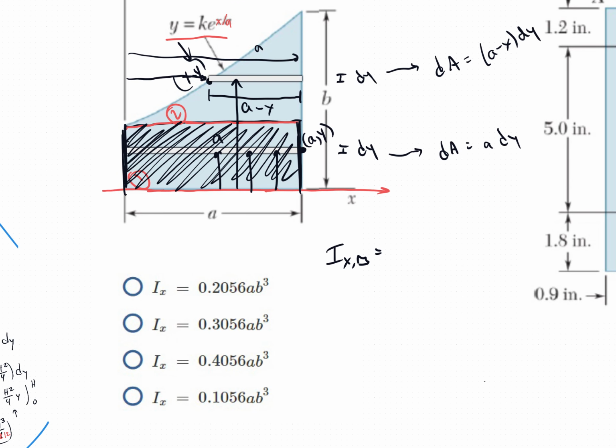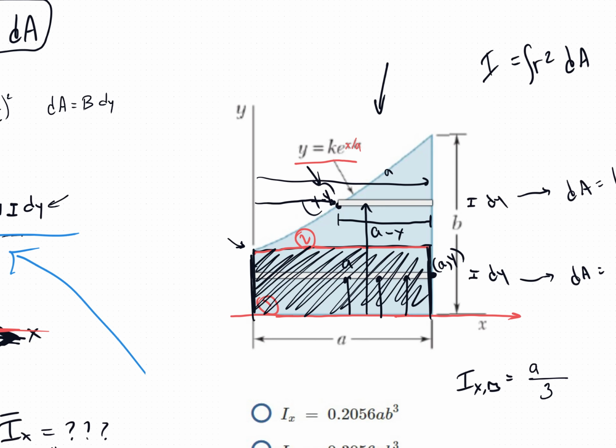The base of that thing is a. The height of that thing goes up to this point right here, and we need to know what that number is, and then we're going to divide by 3. So what is that number? Well, I've got this formula right here, y equals k e to the x over a, and so I need to know what that value is when x is 0. Because right here I know x is 0, what's y? That's what we're looking for.